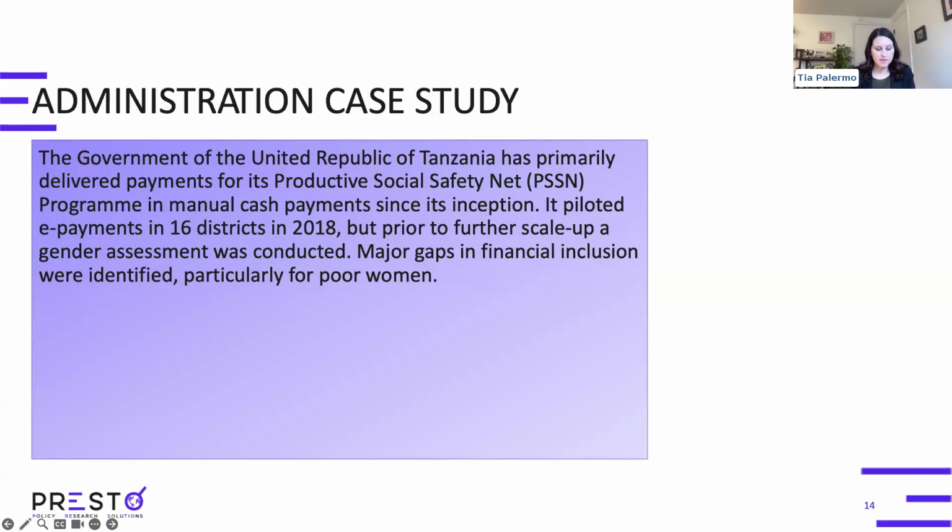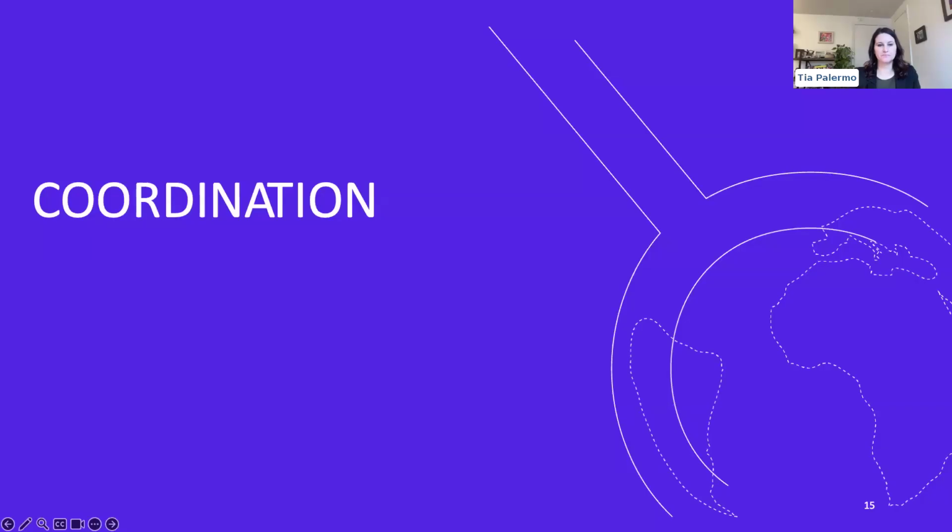Some of these gaps were that less than 70% of women lived in a household with a cell phone, mobile phone money use was more common among men than women, and only 3% of PSSN beneficiaries had a national ID, which is often required to activate a SIM card. However, this has since improved, as in 2020, there was a national rollout of national IDs, and now more than 38% of households receive cash from the PSSN program through e-payments.